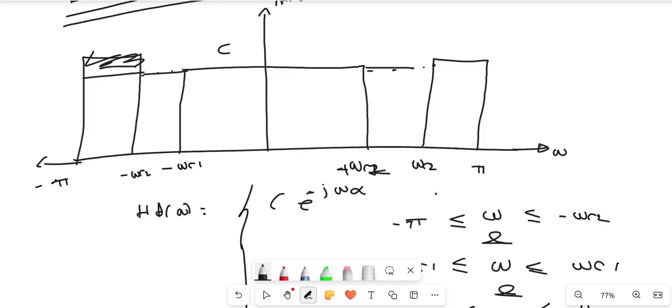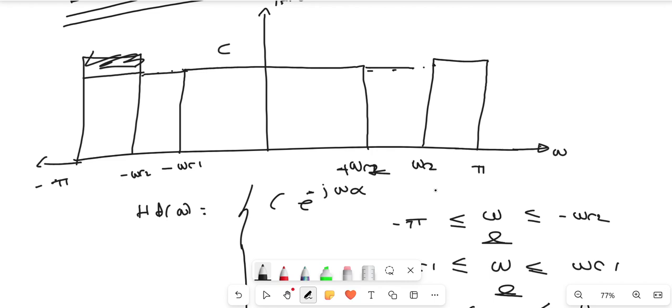If there is any change in the frequency response characteristics, the output will be distorted. If there is any deviation in the amplitude, it is amplitude distortion. If there is any deviation in the phase, it is phase distortion.